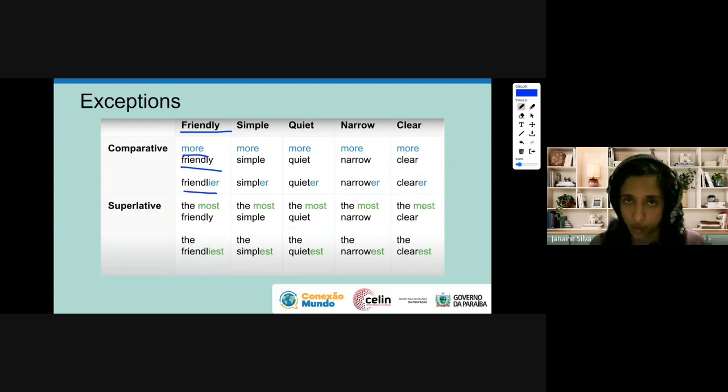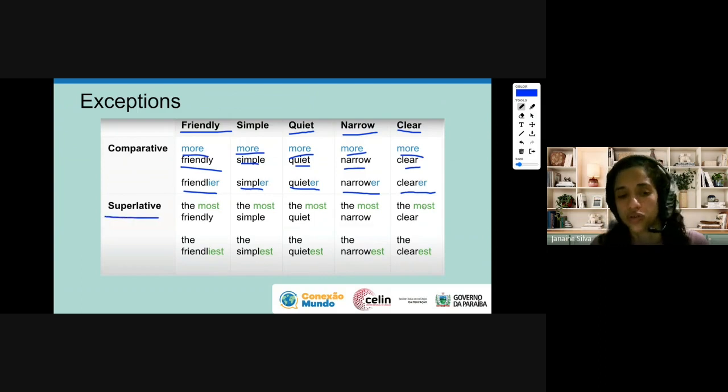You can use both forms, they are correct. Simple, more simple or simpler. For the adjective quiet, you can say more quiet or quieter. Narrow, more narrow or narrower. Clear becomes more clear or clearer.